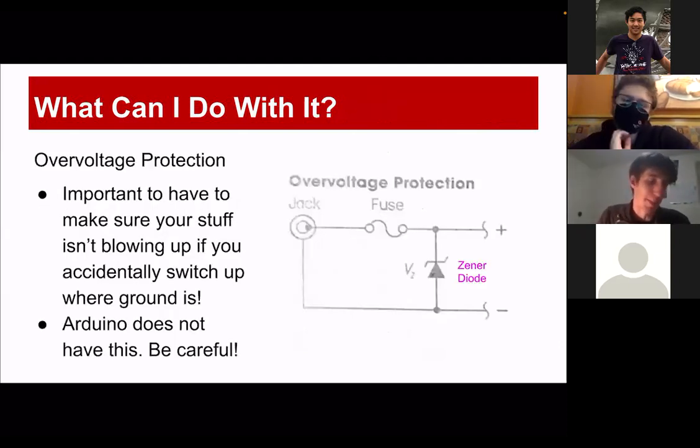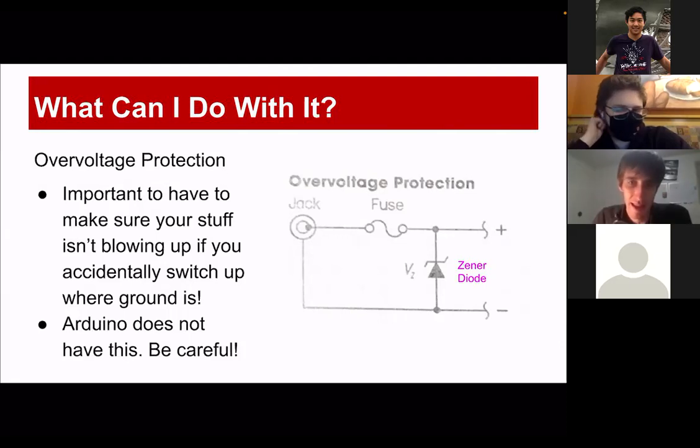So this is an application of a Zener diode. It's important to make sure that stuff does not blow up when you accidentally switch up what ground and high voltage is. So if you plug in your socket incorrectly, it makes sure that things don't go boom.